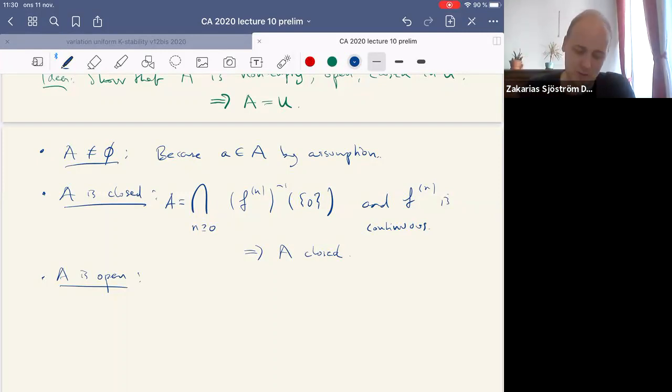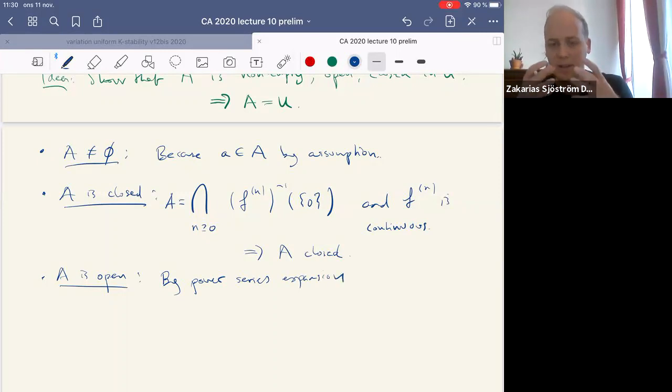Yes. So the idea here is to use somehow the power series expansion. Because power series expansion is a tool where you know something at a point and you want to know something in a small neighborhood locally around that point, so it is a very natural tool, right? And in particular, we know something about all the derivatives, and this is exactly what appears in the power series expansion.